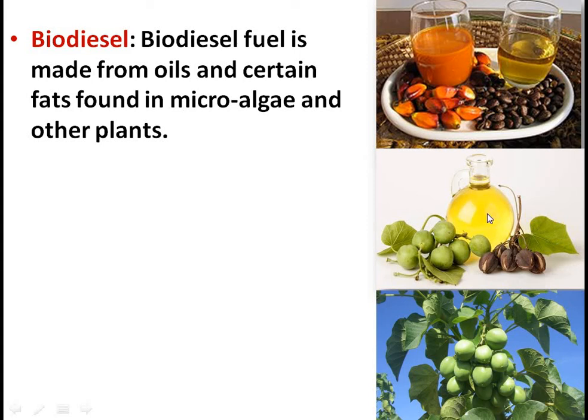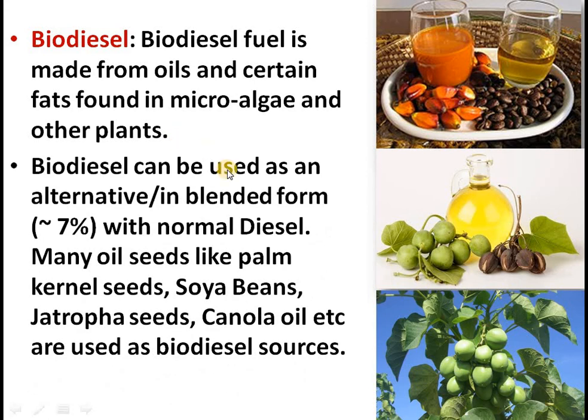This is how a jatropha tree looks. In many parts of India, including Andhra Pradesh, Maharashtra, Gujarat, Rajasthan, jatropha is cultivated and people extract the oil, and nowadays it is used as a biodiesel, or as an additive in small quantities mixed with vehicle fuels.